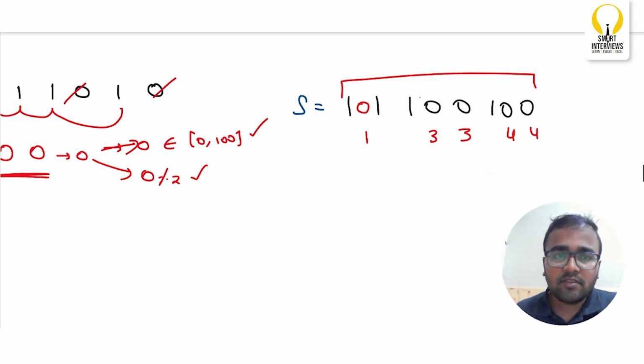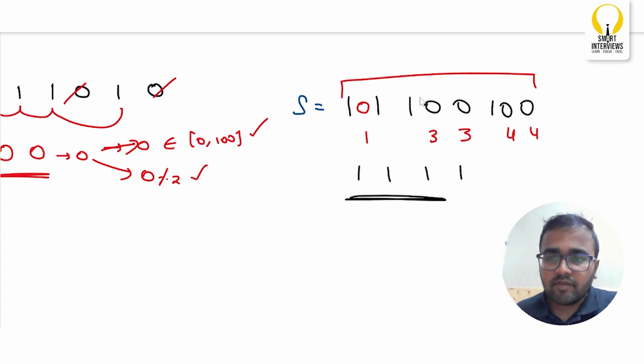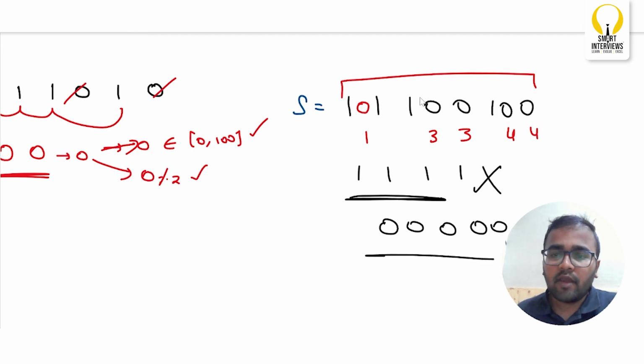What are two subsequences? 1, 1, 1, 1. Then this is a subsequence which will satisfy any case, this case and this case, because number of inversions are 0. 0 is less than or equal to 0 and 0 is divisible by any number. So this is a valid subsequence. I'll remove this. If I remove this, 0, 0, 0, 0, 0, I can remove this as well comfortably.